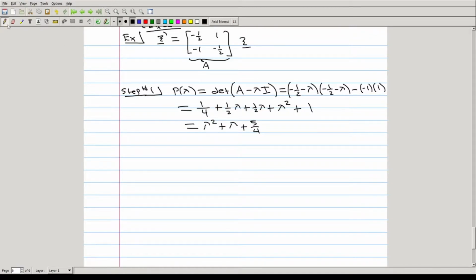The eigenvalues are the roots of this polynomial.